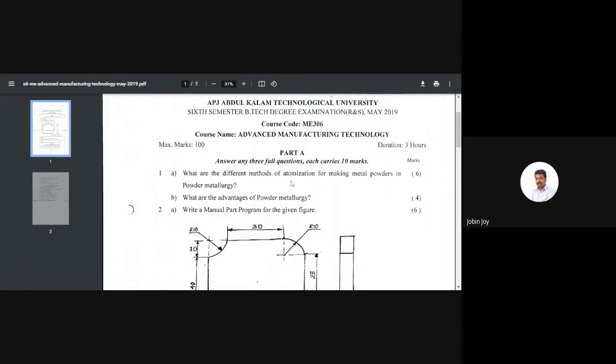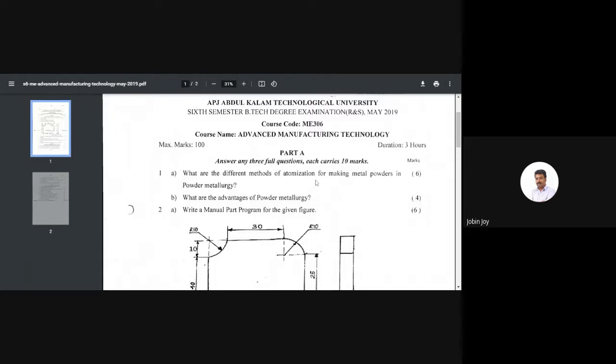So that's all about this question number 1. Whenever you write the answer, please check the marks. Here the marks are 6 marks. So maybe we can write 2 marks for gas atomization, 2 marks for water atomization, 1.5 marks for centrifugal atomization, and half a mark for liquid gas atomization, maybe like that.